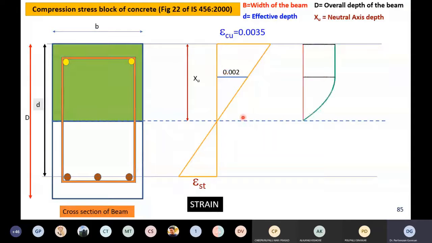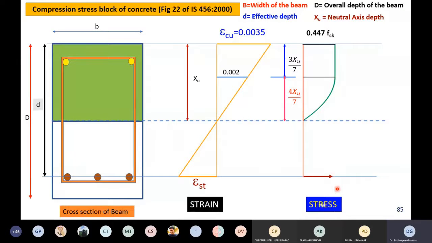Now in the stress diagram, you have this 0.447 fck at the top. The rectangular part is 3/7 XU, this is 4/7 XU, and this is the stress distribution. To derive the C value, I am going to divide it into two parts.